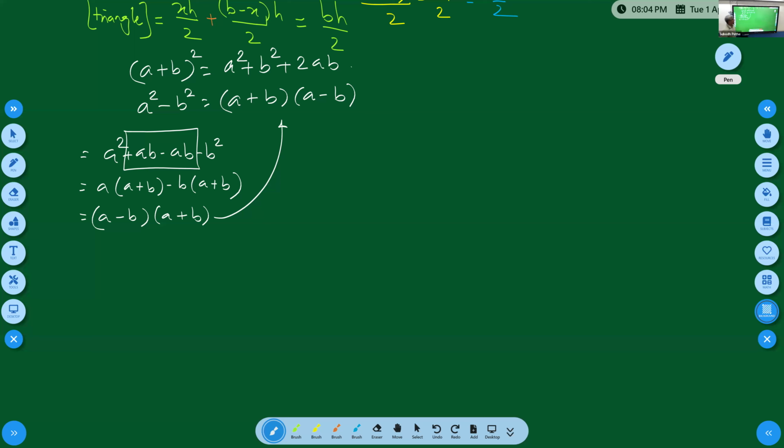Now, this is simple because we know a plus b into a minus b is equal to a square plus ab minus ab minus b square. So from here to here, easy.